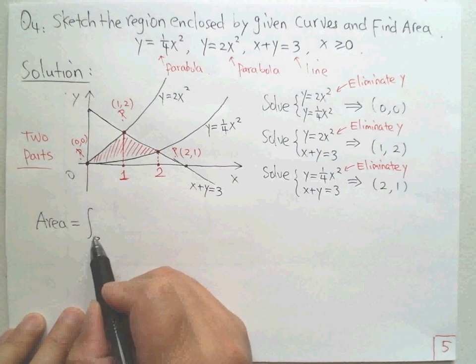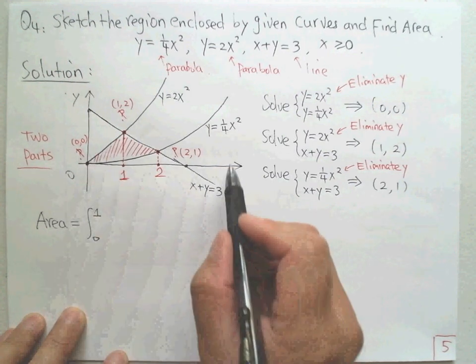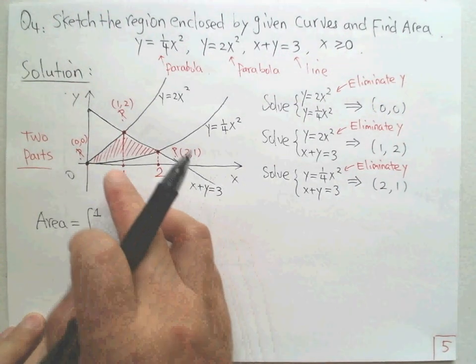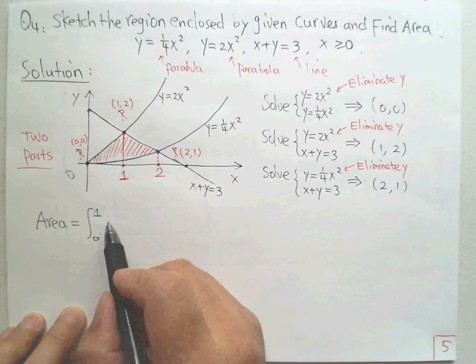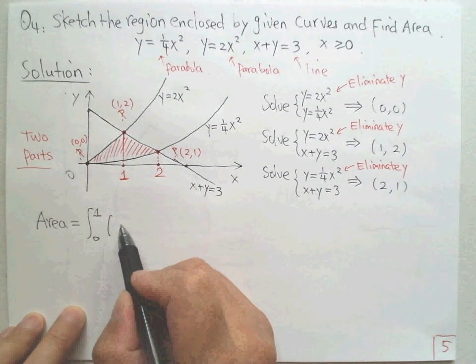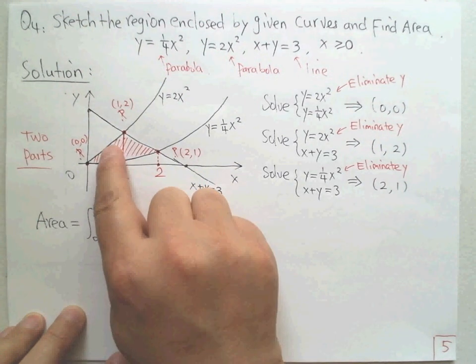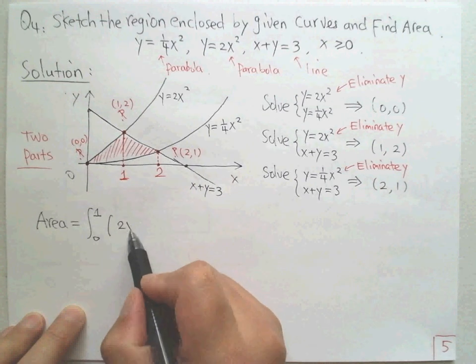So we're going to set up the equation now. So what is the area? Part 1 is integrated from 0 to 1. Now it's very clear. I mean everyone, the first part is very important. After you graph, you can see the region clearly. You need to get this idea. And what is the top?